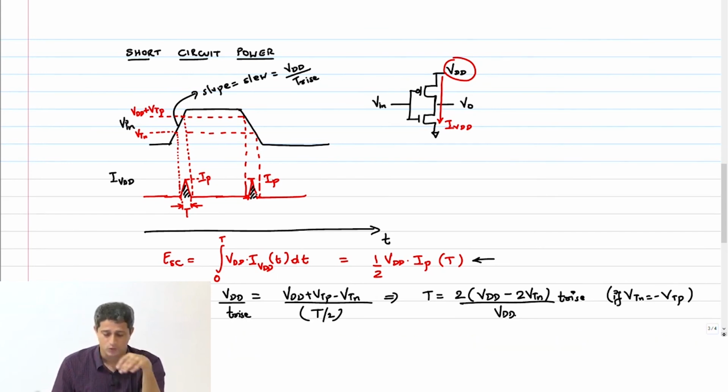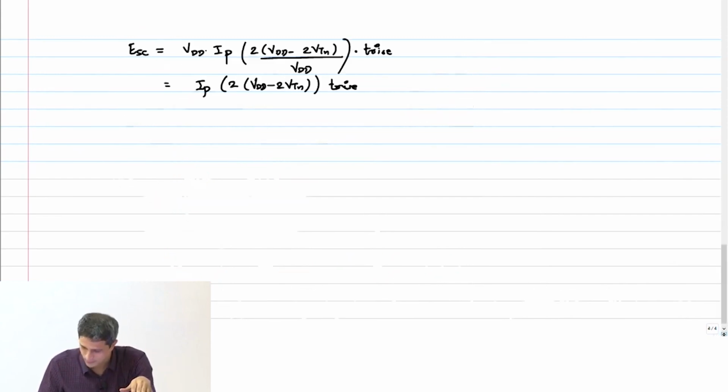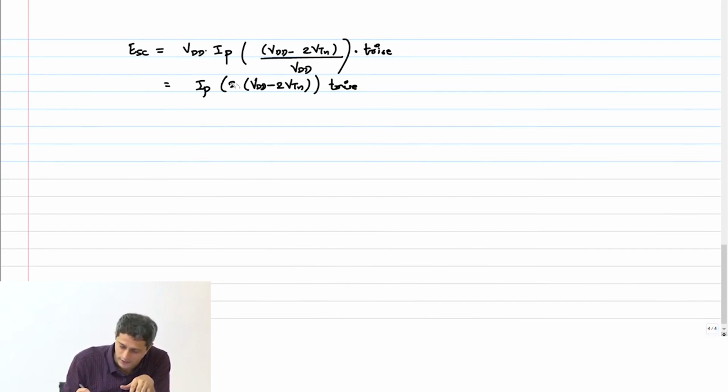See, T is because what I am saying is it's going from 0 to IP in a time of T, right? So, oh yeah, you're right, sorry. This is not T by 2, correct. So the input is taking a time T to go up. Yeah, you're right, sorry, that's a mistake. So this will vanish.